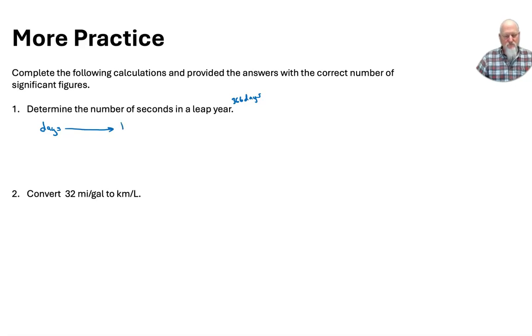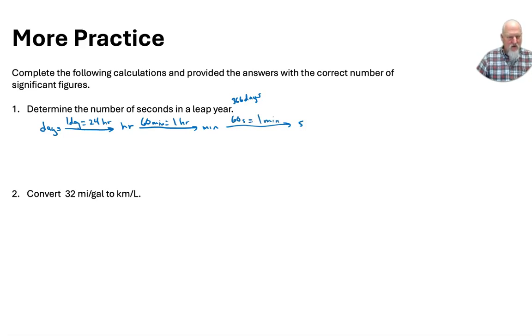Hours. So we know that one day is equal to 24 hours, right? We're going to go hours to minutes. 60 minutes is equal to 1 hour. We're going to go minutes to seconds. 60 seconds is 1 minute.